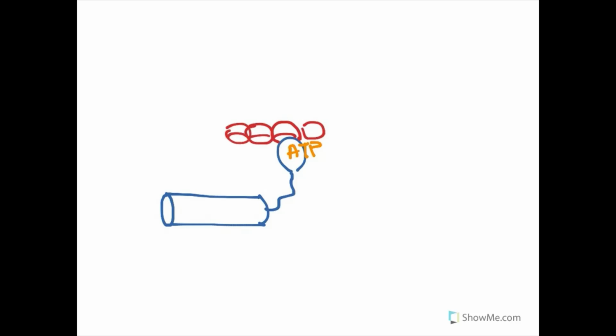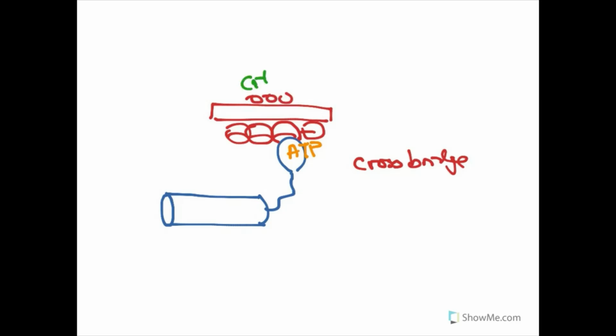He is going to do what we call a cross bridge, because at this time troponin C has calcium bound to it, and the active sites are exposed, and we call this linking a cross bridge.